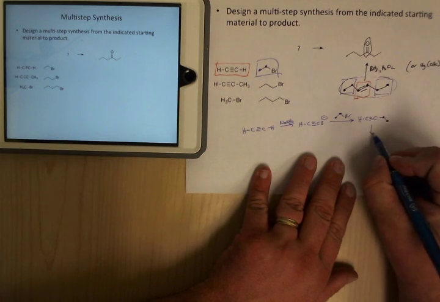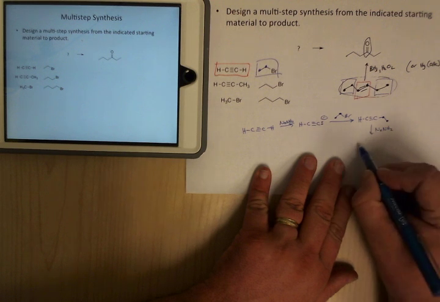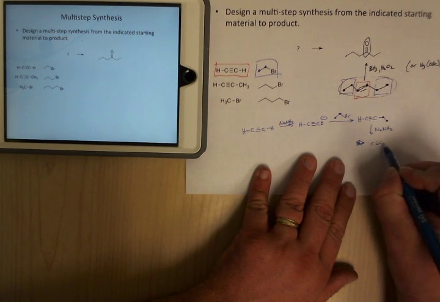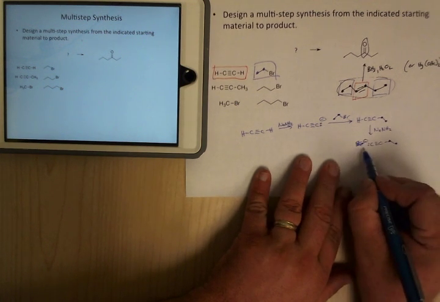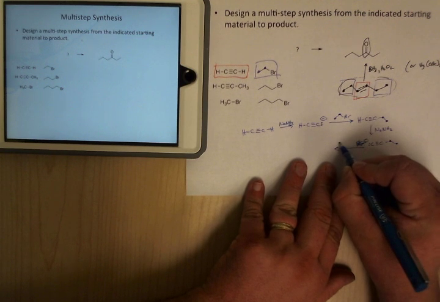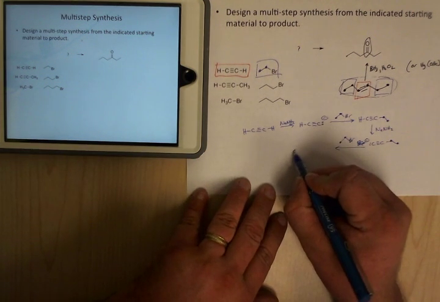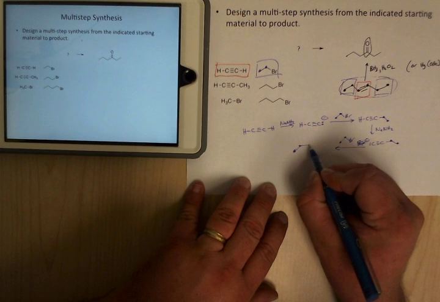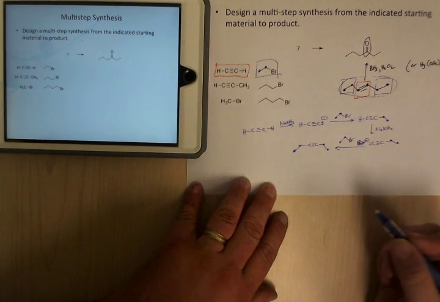Now, we're going to go through that same process again. Now we're going to take off that hydrogen. We're going to react again with that 2-carbon piece. Right, so now we've got a 2-carbon piece on this side going to a carbon triple bond, and 2-carbon piece on this side.